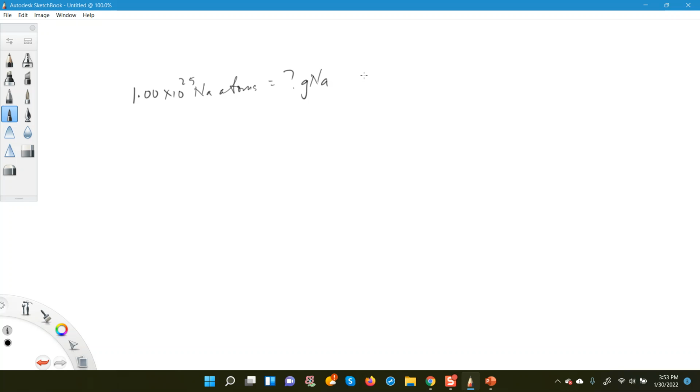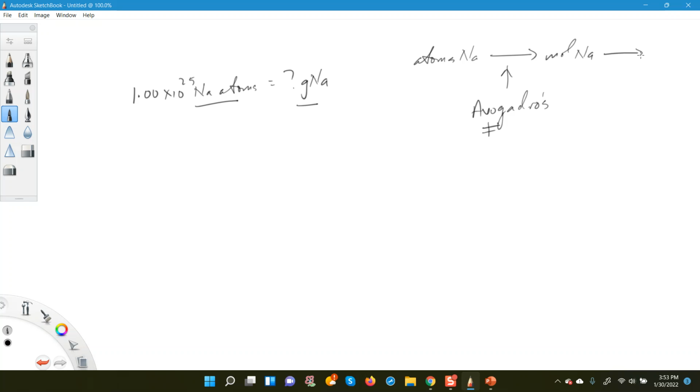Now in this case, you have to take a two-step approach because you're given a number of atoms of sodium and you're asked to find the grams of sodium. We know that, based on the number of atoms of sodium, we can determine the moles, right? Using Avogadro's number. So here we would use Avogadro's number to do that conversion.